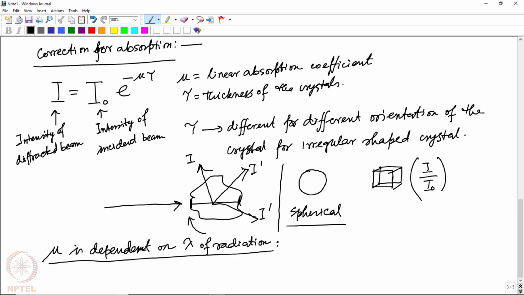The shorter the wavelength, the more penetrating the wave is, so the lower the value of mu. One example is the I2 crystal.